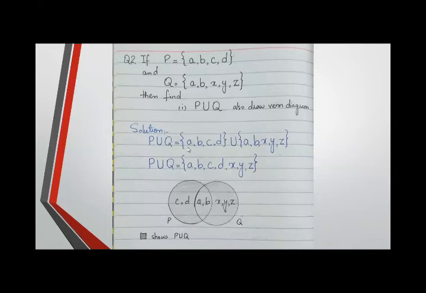Those elements are A and B. So in the central part of this diagram, we write A and B. From the remaining part of set P, we write C and D. Now here we write the remaining elements of set Q, which are X, Y, and Z.